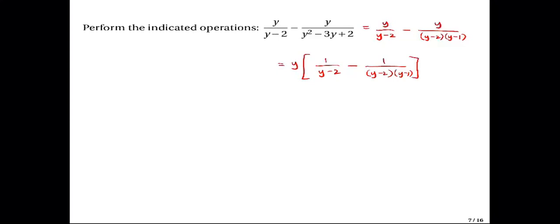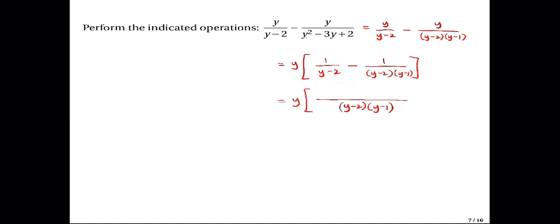Okay? And then you can now combine these two parts here. If we do that, you will have y still outside. LCD, it's y minus 2 times y minus 1.